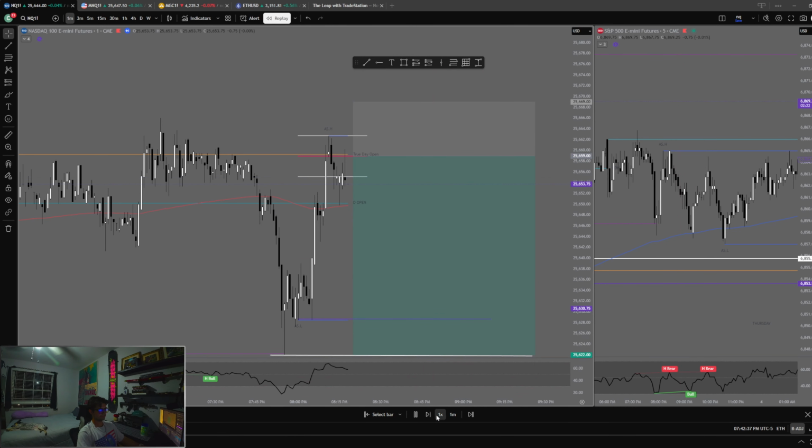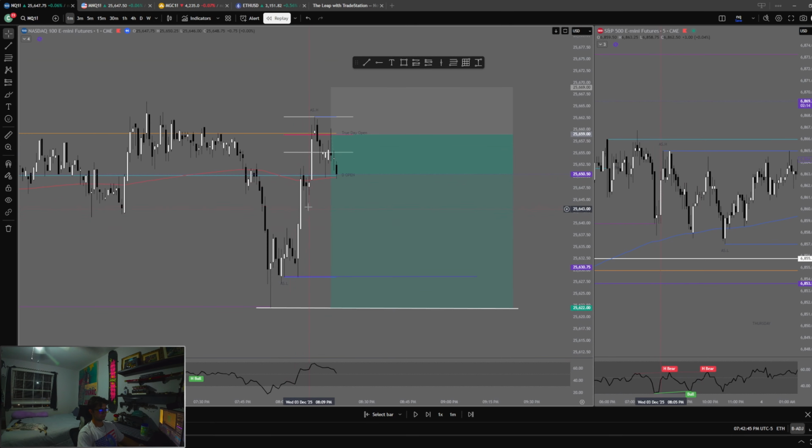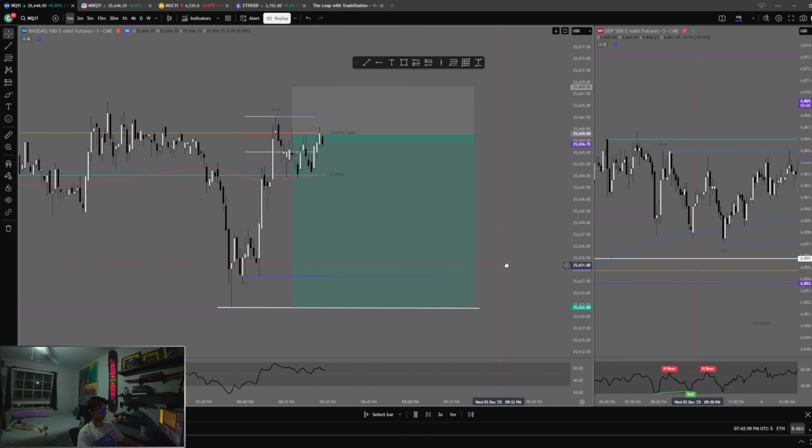So we're waiting. Right here on this wick where it tapped equilibrium, that's where we got entered. Ultimately, we were just targeting down to these lows because that resulted in a little bit over 3R. We got entered right after 8:15, and we didn't get exited until I think it was like 9:20ish, 9:15.